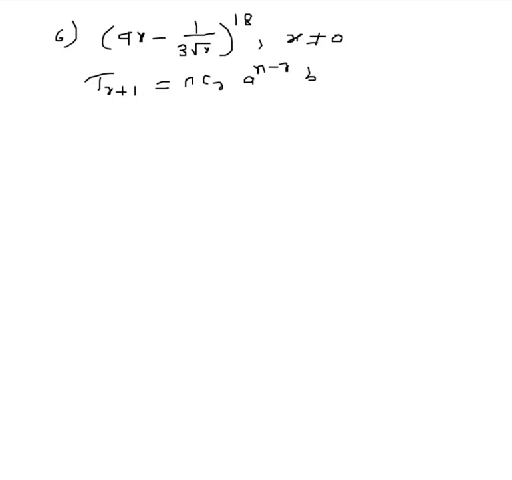Question 6. Find the 13th term in the expansion of (9x − 1/(3√x)) whole raised to 18, where x is not equal to 0. General term formula, nCr a raised to n minus r and b raised to r. Substitute for n, a and b.